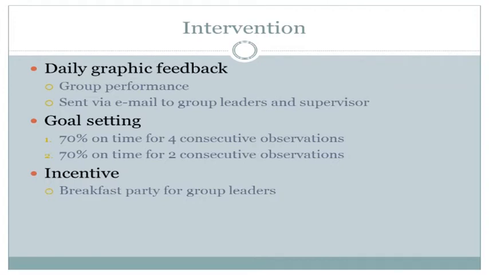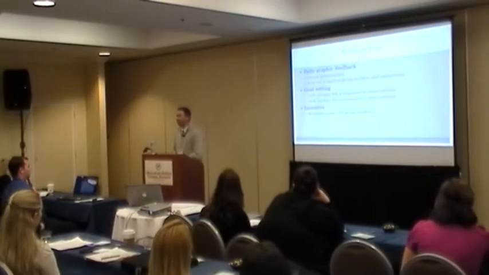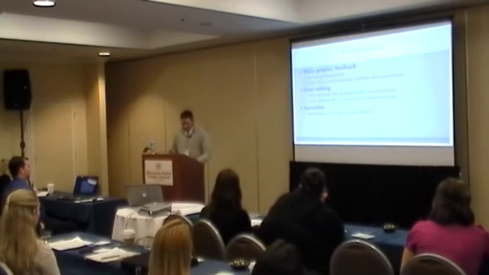We also wanted to set a goal so that if 70% of the group leaders were on time for 4 consecutive observations, we would have an incentive. Then we reduced that to 70% on time for 2 consecutive observations. You'll see why we did that when you look at the data. And the incentive was a breakfast party for group leaders. These were things we all got input on from the group leaders, and they liked this idea.